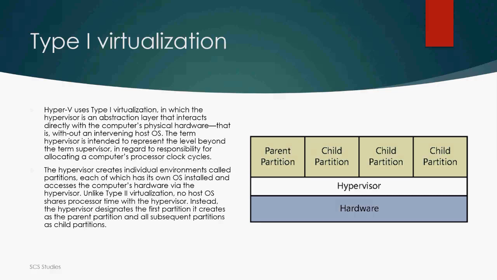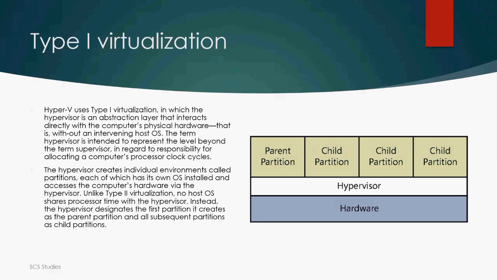The hypervisor creates individual environments called partitions. Each has its own OS installed and accesses the computer hardware via the hypervisor. So in type 1, each and every guest operating system is created in its own OS environment with its own hardware configuration. Unlike type 2 virtualization, no host operating system shares the processor time with the hypervisor.